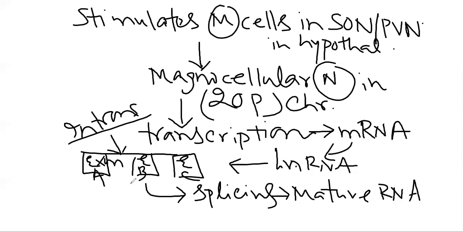This mature RNA is known as exon A, exon B, and exon C. Now, after production of this exon A, B, and C, they undergo translation, and this translation process will produce pre-pro hormones. One is the pre-pro oxytocin and the other is pre-pro vasopressin.